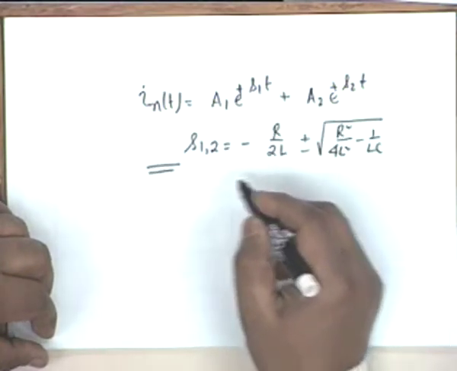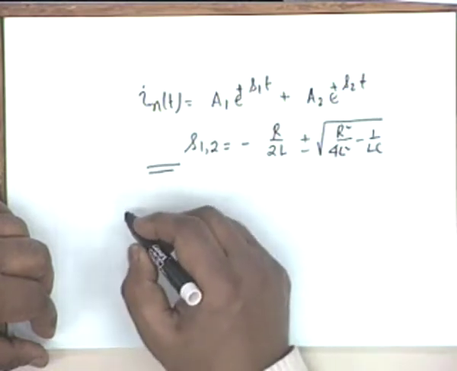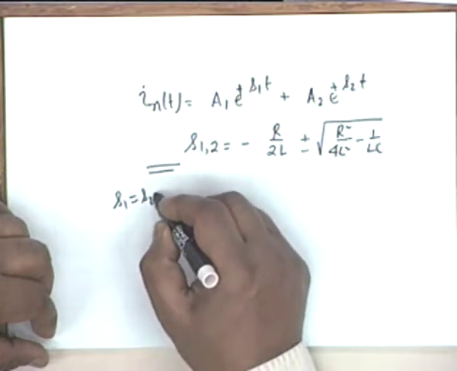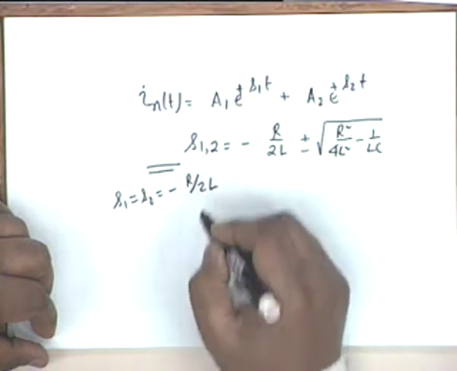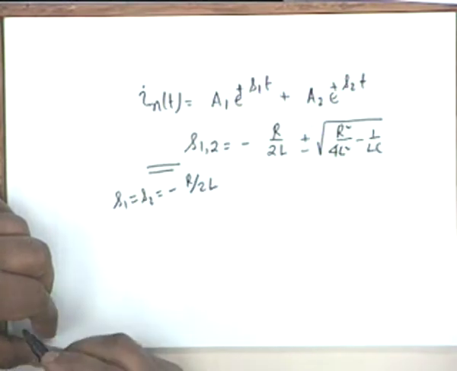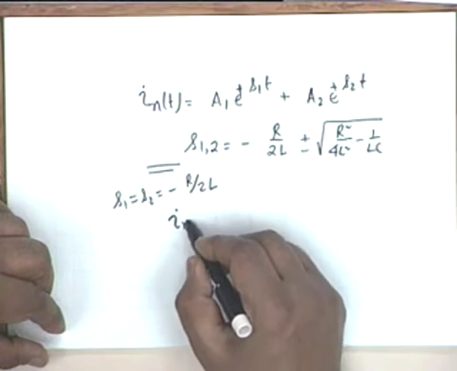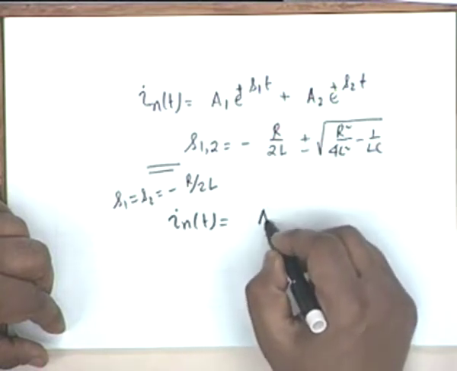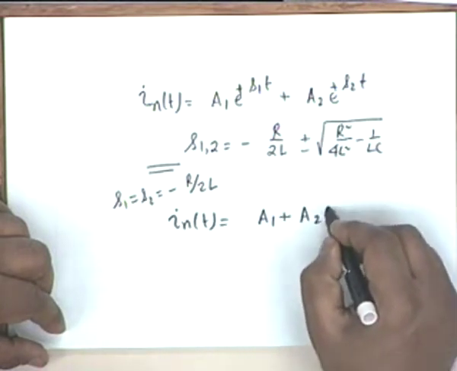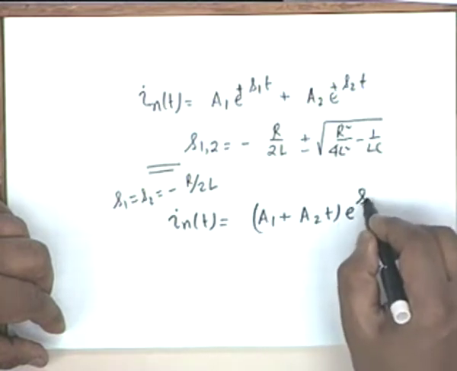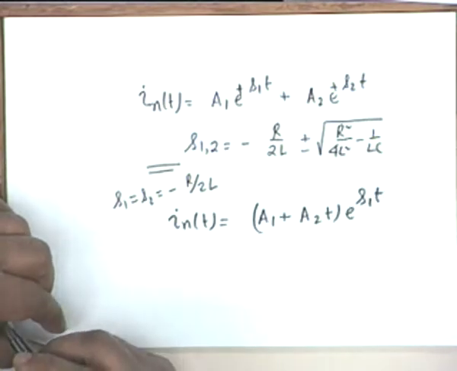On the other hand, if the roots are coincident, that is if S1 equal to S2 equal to minus R by 2L, the discriminant is equal to 0, then my natural response shall be (A1 plus A2t) e to the power S1t.